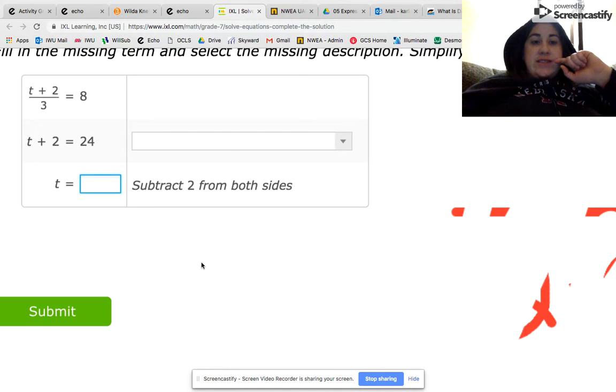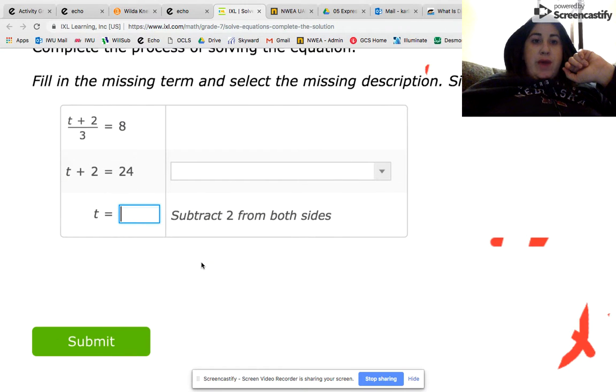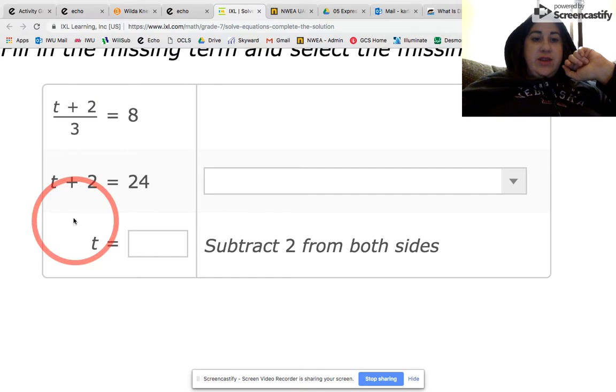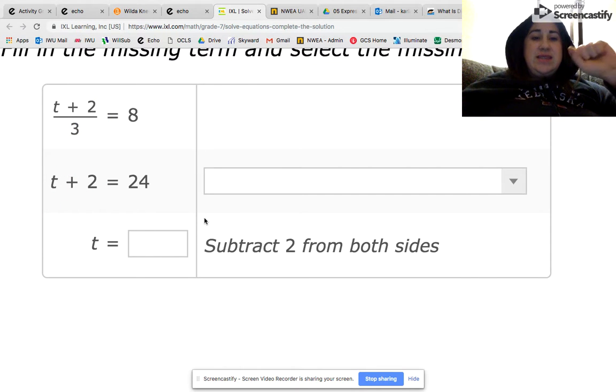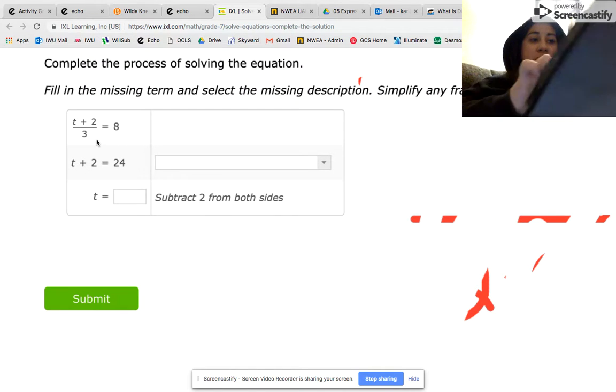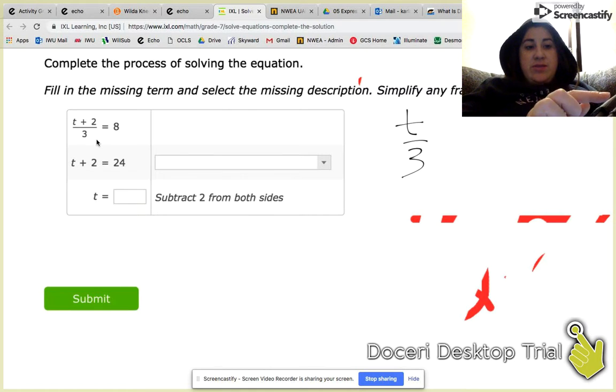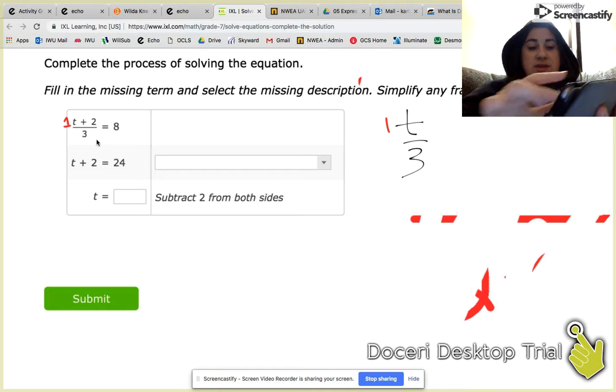I'm almost there. I'm just going to take you guys all the way. Right here, what happened? They got rid of that 3 that's underneath. We haven't seen much like this. But if you think about it, what if this was like t over 3? How would you get rid of this 3? You make an imaginary 1 right here. So this is the same thing as 1/3 times t, right?